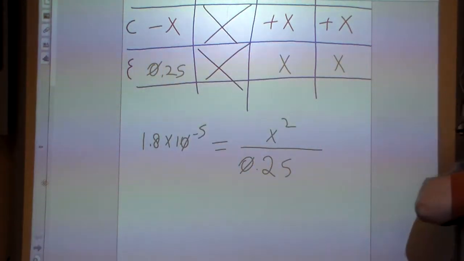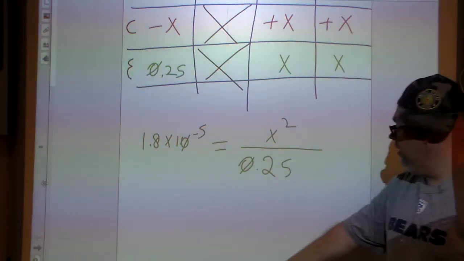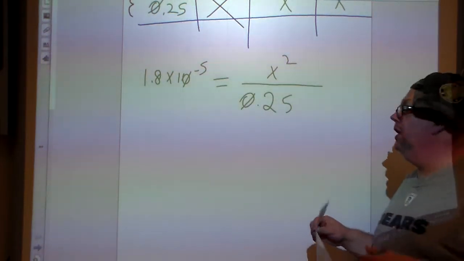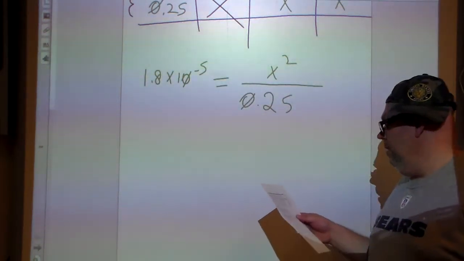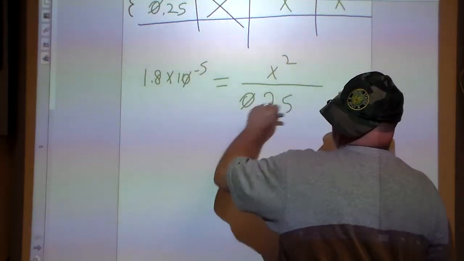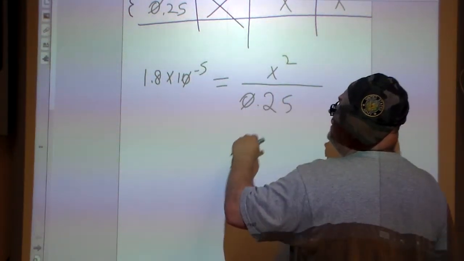Okay, so far so good, I'm hoping you guys are going with it. And again, I'm not as rushed when I do something like this. So basically, we solve for x: multiply both sides by 0.25, that cancels out.